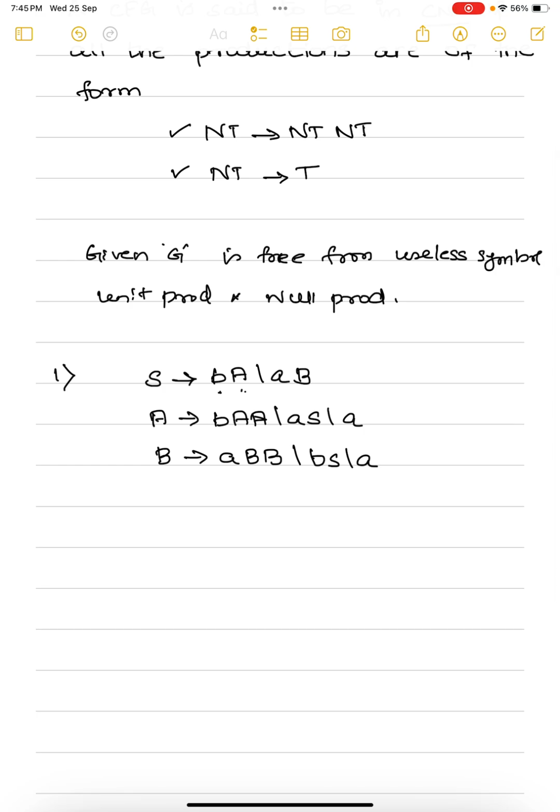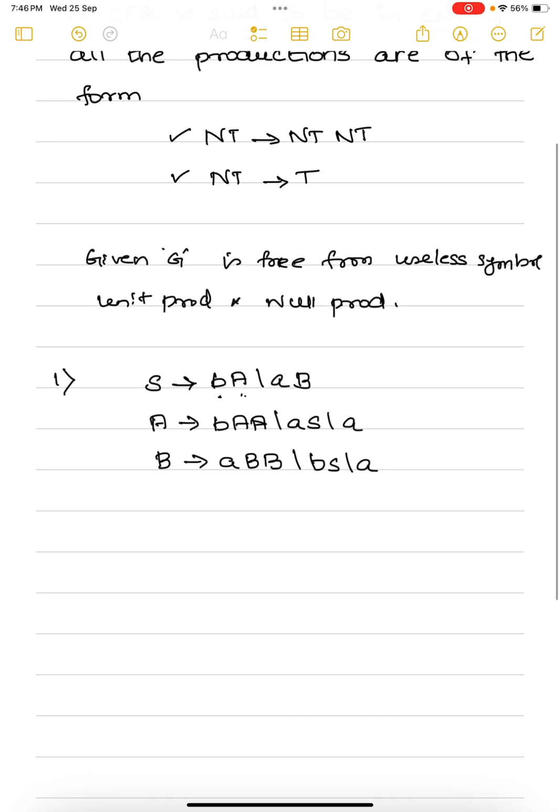Before that, we need to check whether it has any useless symbol. No, it does not, because S is generating BA, A is able to generate a terminal, and B also is able to generate a terminal. So there is no useless symbol, no unit production, and no null production in the above grammar.